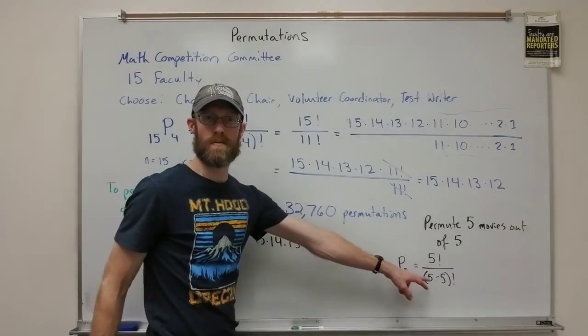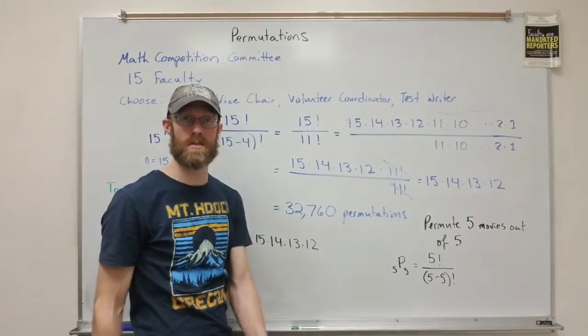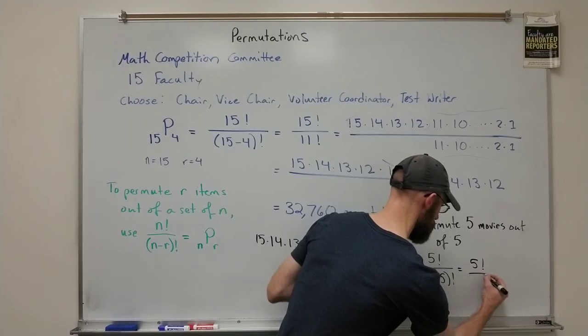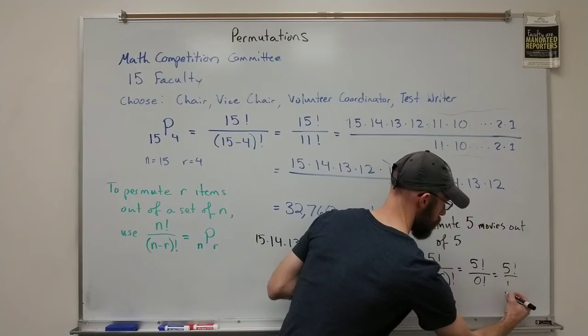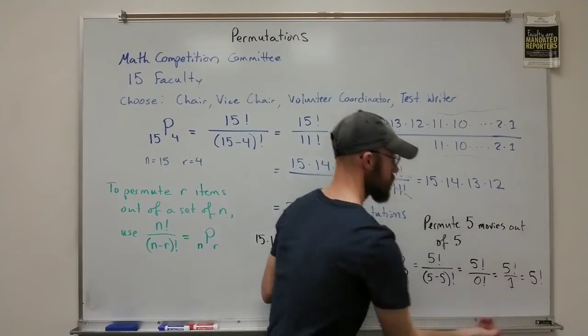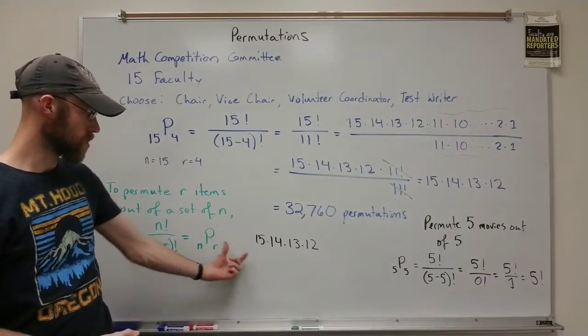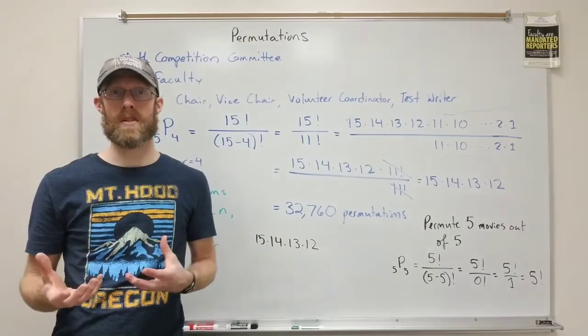Right, and what did we say? Well, 5 minus 5 is obviously 0. What did we say 0 factorial is? 1, which is helpful. So it's really 5 factorial over 0 factorial, 5 factorial over 1, which is just 5 factorial. Okay, so the formula essentially reduces down if you're using all of the elements of the set.